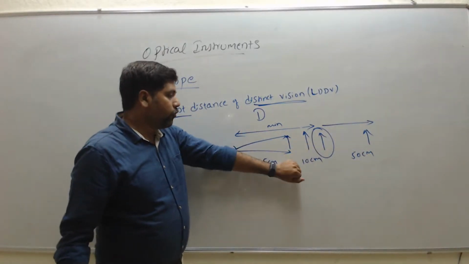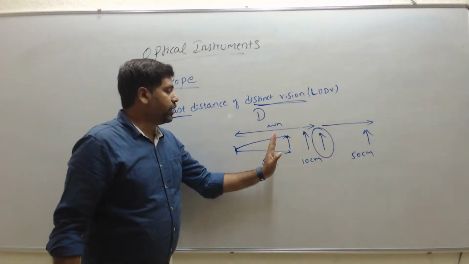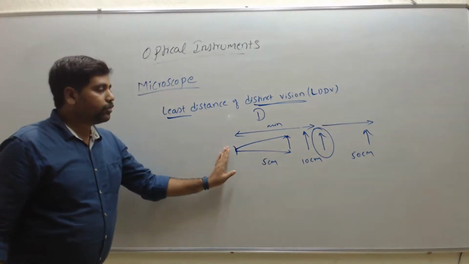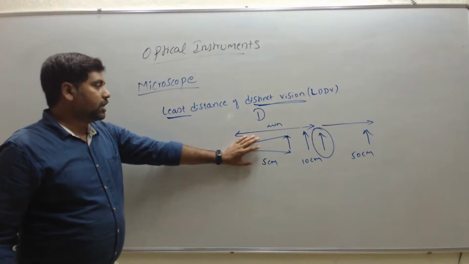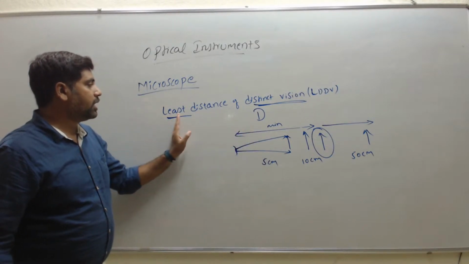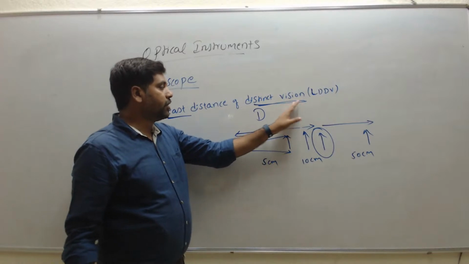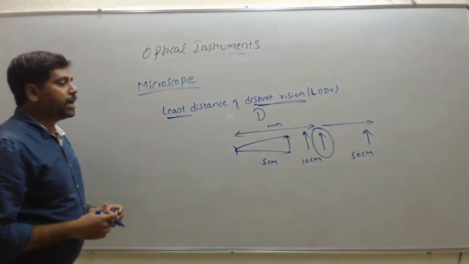But if we place the object before the minimum distance, the eyes become very strained. That one we call the least distance of distinct vision, denoted by D.